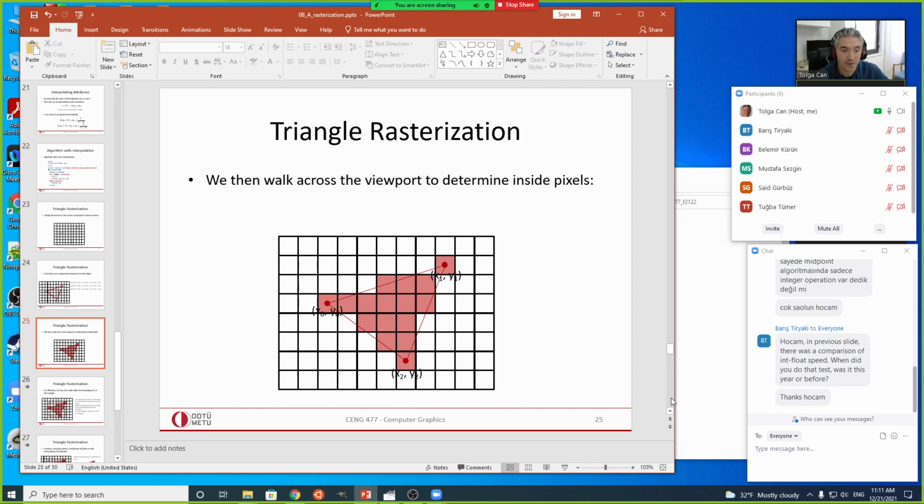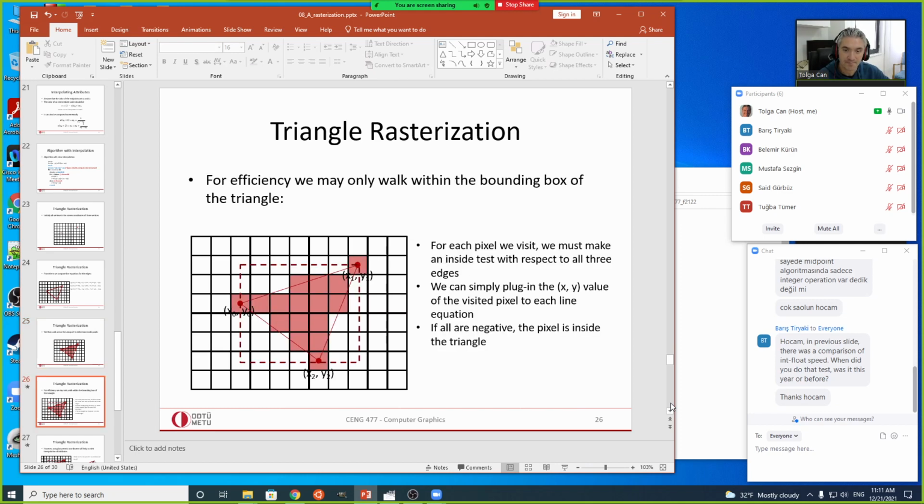It's going to render the entire scene very fast. So projecting only the vertices first and running these rasterization algorithms is going to be much faster than ray tracing.